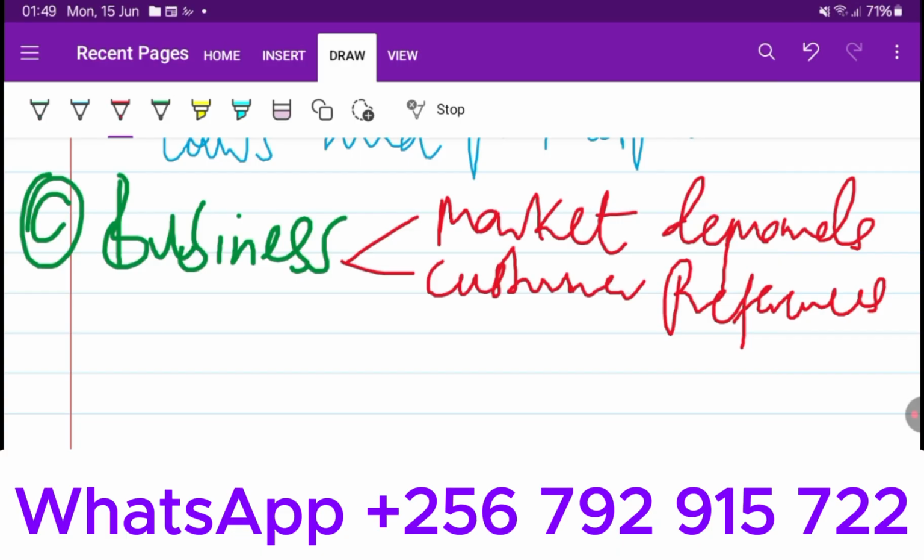It will also make me, as a business person, understand how much of the financial resources I need to invest in the business based on the market demand of the customers. It can also help me to tell which location I should locate my business in.